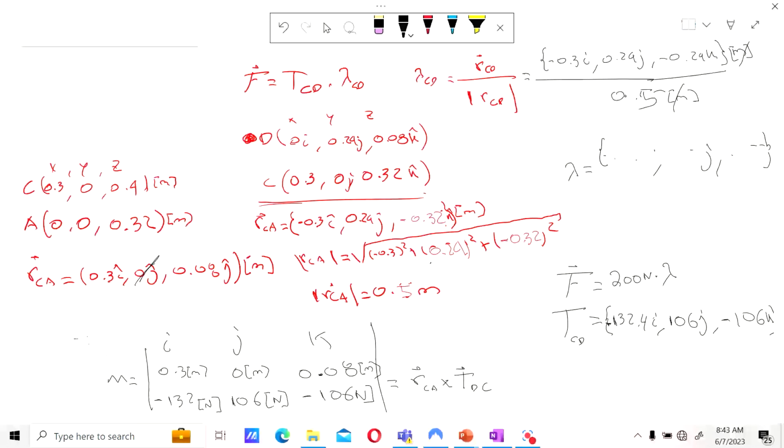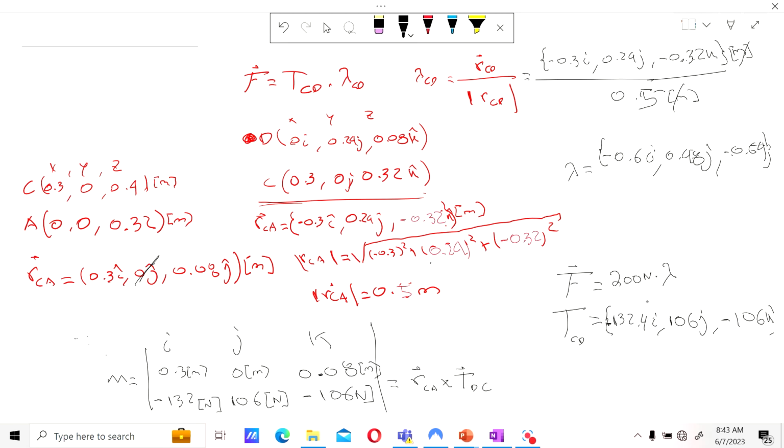0.3 divided by 0.5, 0.6. Negative 0.6 I. This is meters. No, this is unit vector, unitless. 0.24 divided by 0.5, 0.48. And CD is negative 0.32. 0.32 divided by 0.5 is negative 0.64.